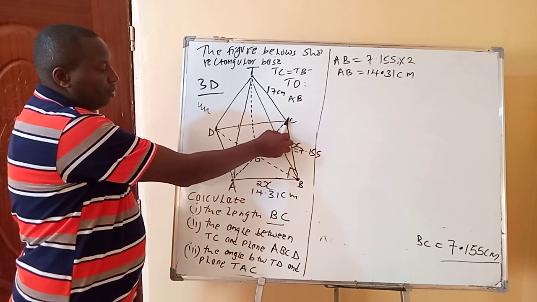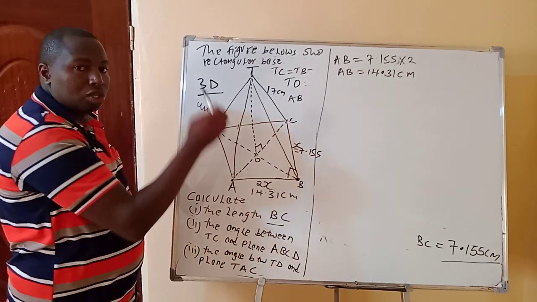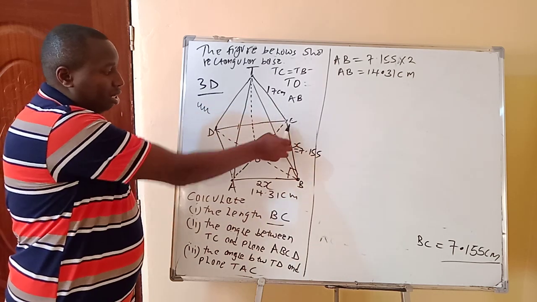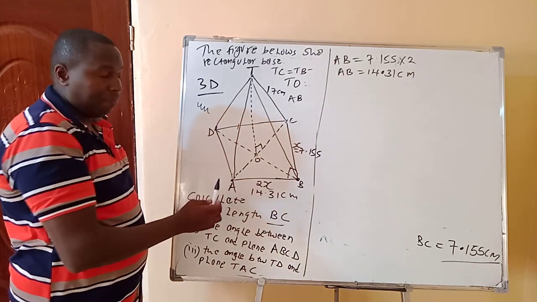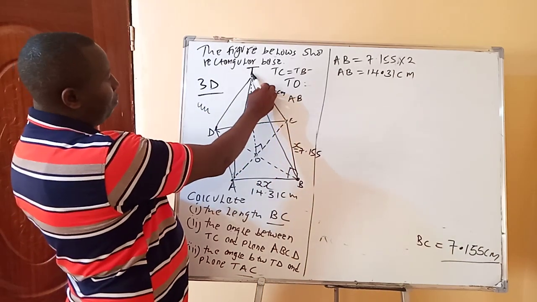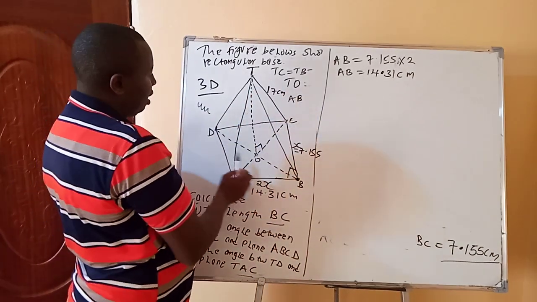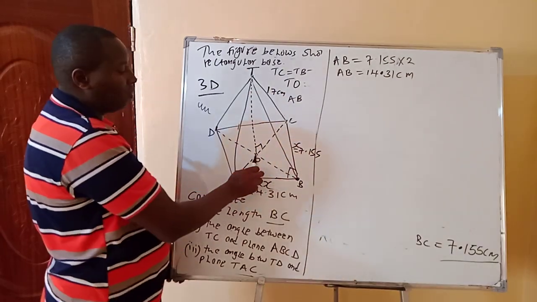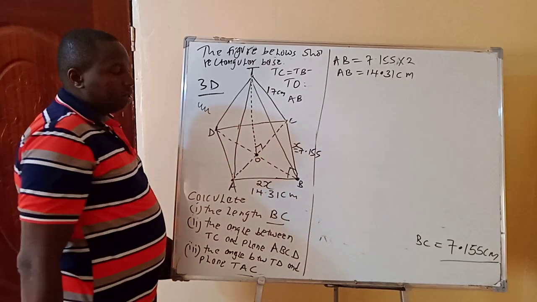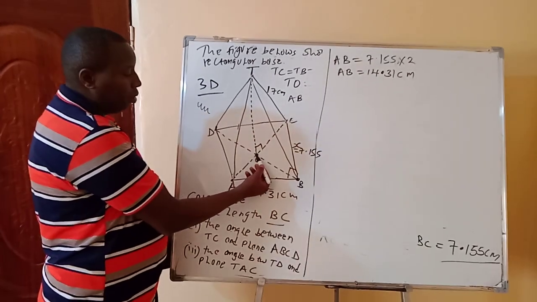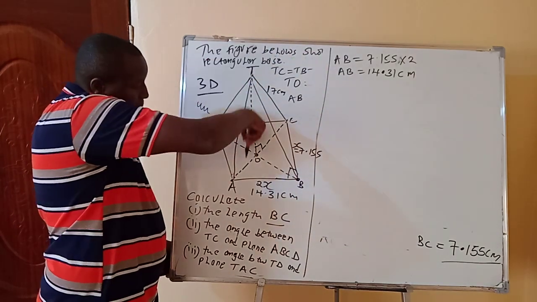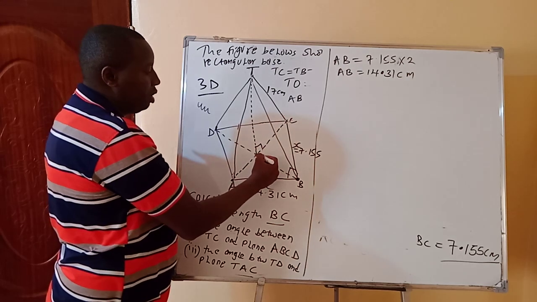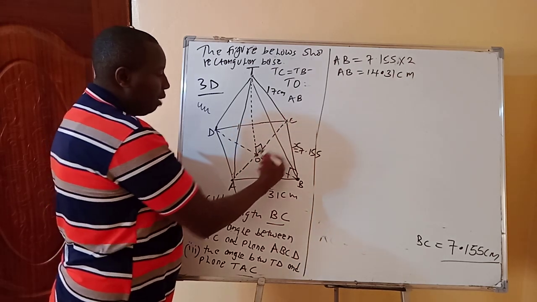So therefore, let's find the angle between TC and plane ABCD. Identify the projection. The projection in this case is the shadow that this line makes on the plane. If this is TC and this is plane ABCD, this TO makes an angle of 90 degrees with the line OC.